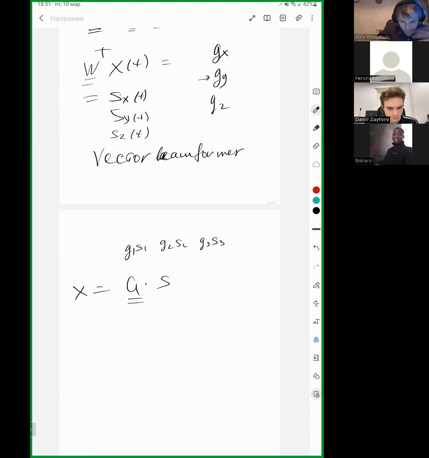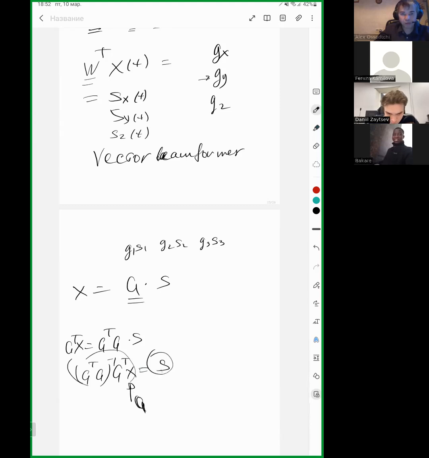I didn't start it just by chance, because I showed you basically the very same construct: G transpose X, times S, G transpose G. See, it's all pretty similar, right? It is equal to the estimates of S, because if you substitute G here, you will get identity, and you will isolate each element of S.